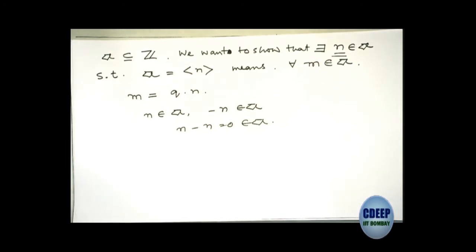So 0 is definitely there. There are positive integers, negative integers. The positive integers might start from 2, 4, 3, anything. If it starts from 1, then it has everything. I mean, the ideal is equal to the ring. There is nothing extra that you get.